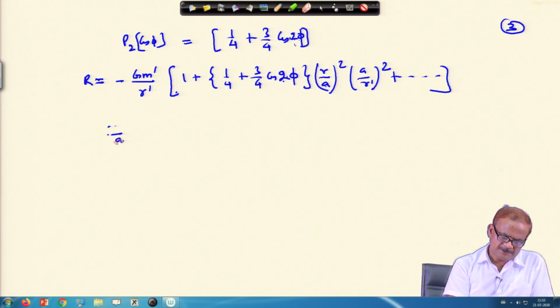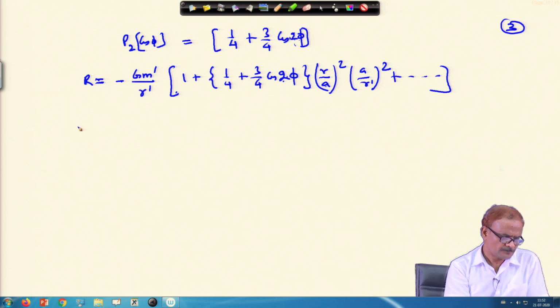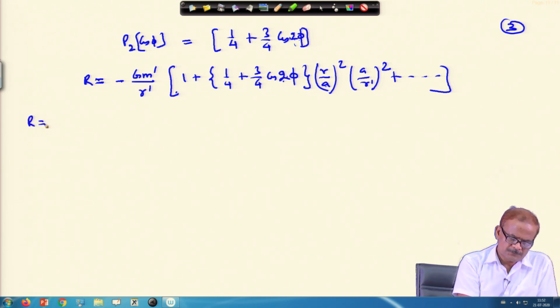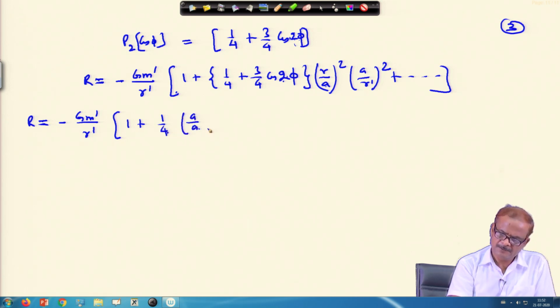Now, some of the results we are going to use here, you will find in the supplementary materials provided. Using those results, it can be written as 1 by 1 plus 4 a by a prime.